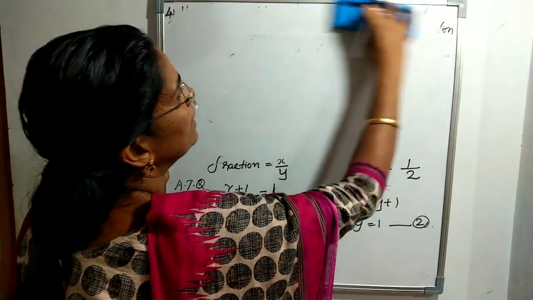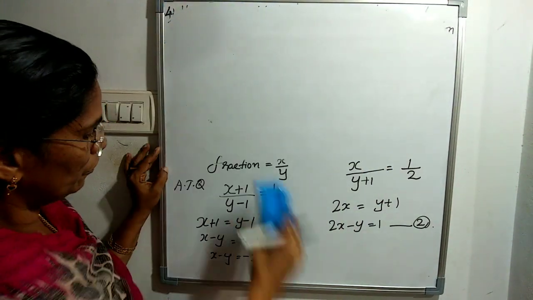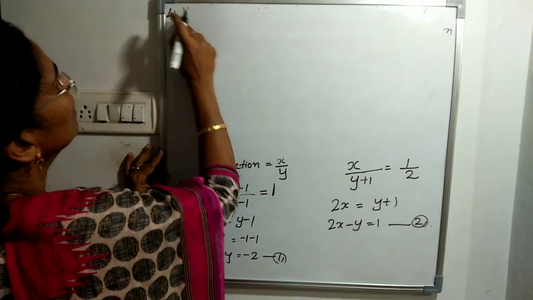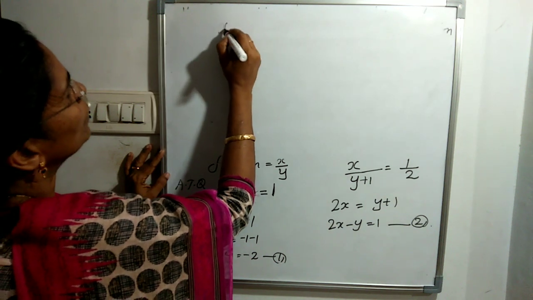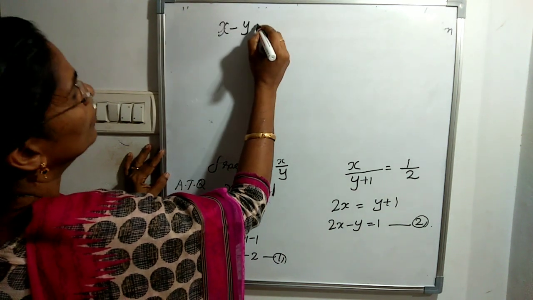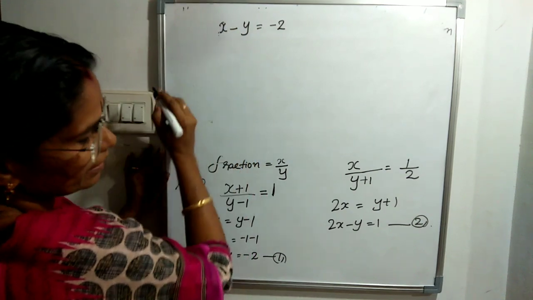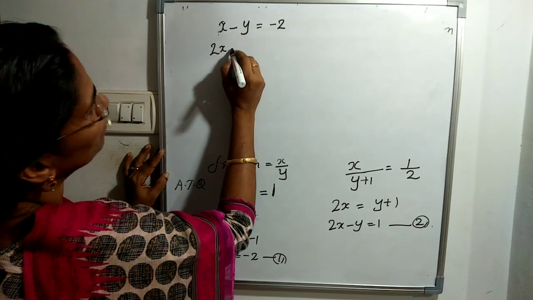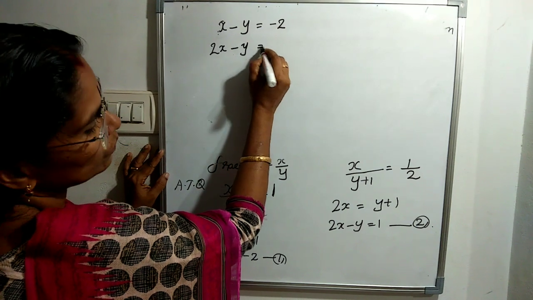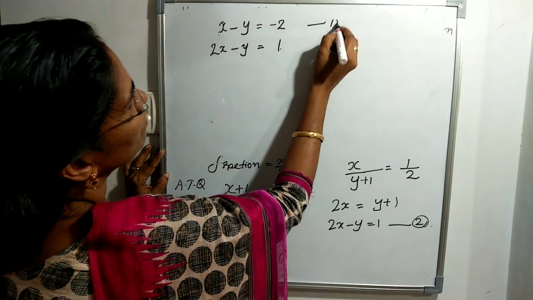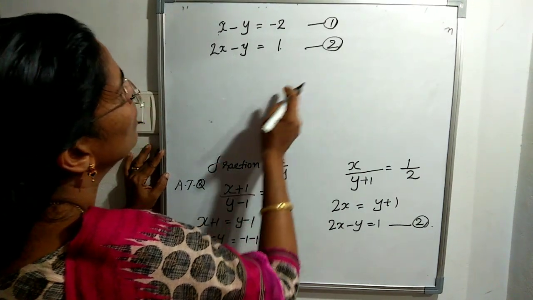We got two linear equations in 2 variables. The first equation is x minus y equal to minus 2, and the second one is 2x minus y equal to 1. This is equation 1 and this is equation 2.